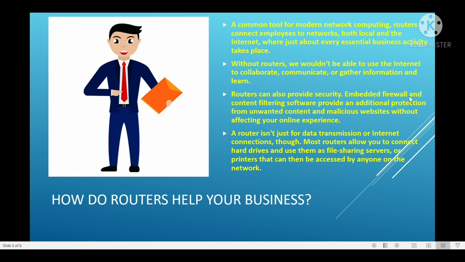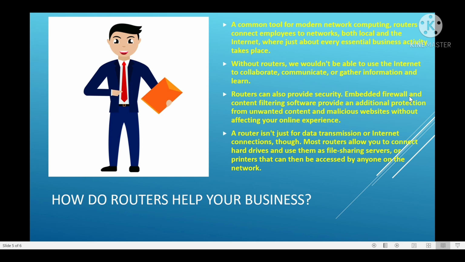Suppose some packet is coming from a malicious website, and that website is known for its malicious behavior. Then on a router we can put a policy that if a packet comes from such and such destination or source IP address, then that packet should be filtered and not given any entry to the network. So like this we can use a router for security.